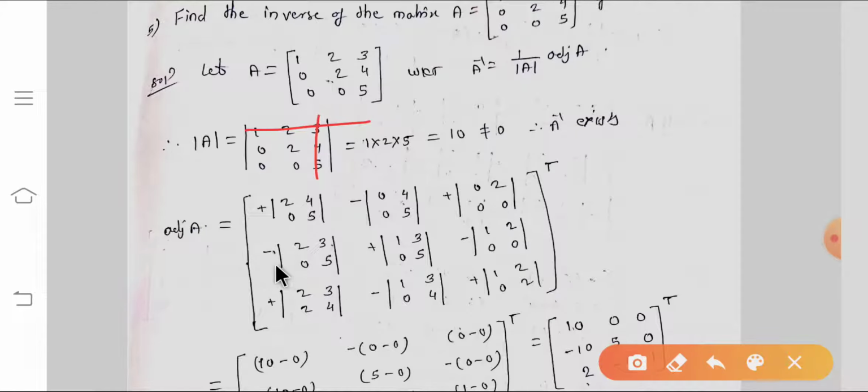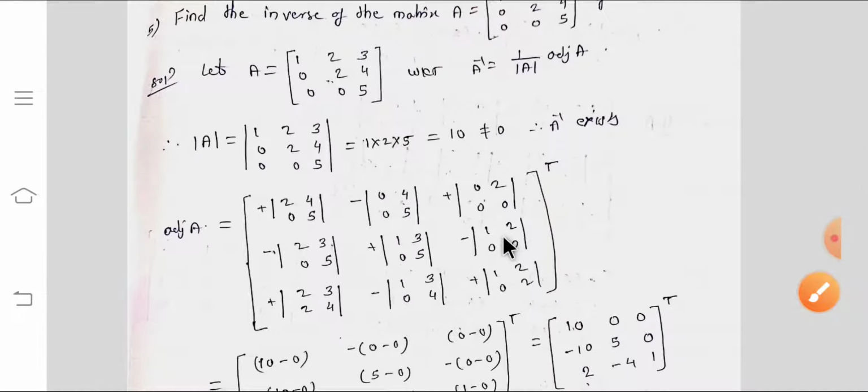Similarly here the sign is minus, the cofactor of 0: neglecting that row and column, we get [2 3; 0 5]. Plus the cofactor of the middle 2, that is [1 3; 0 5]. Next, the cofactor of this 4: neglecting this row and column, the remaining elements are [1 2; 0 0].